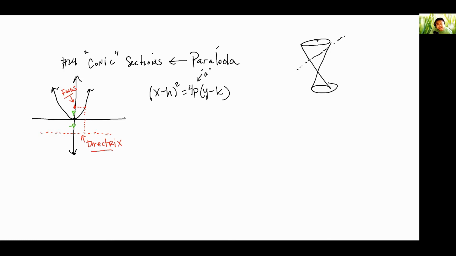Last year, we introduced another type of parabola, the sleeping parabola or the sideways parabola.